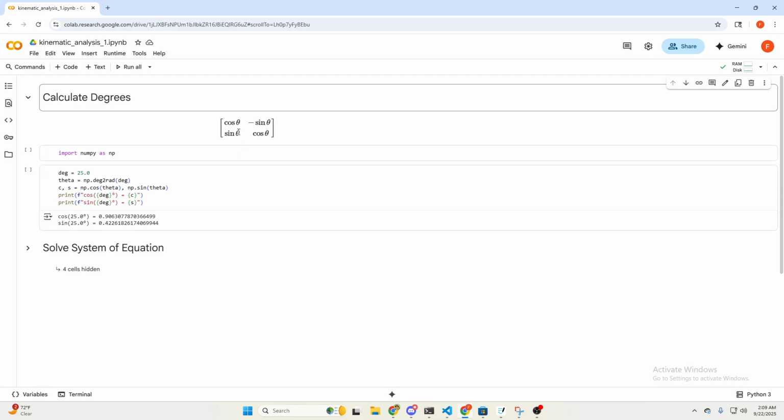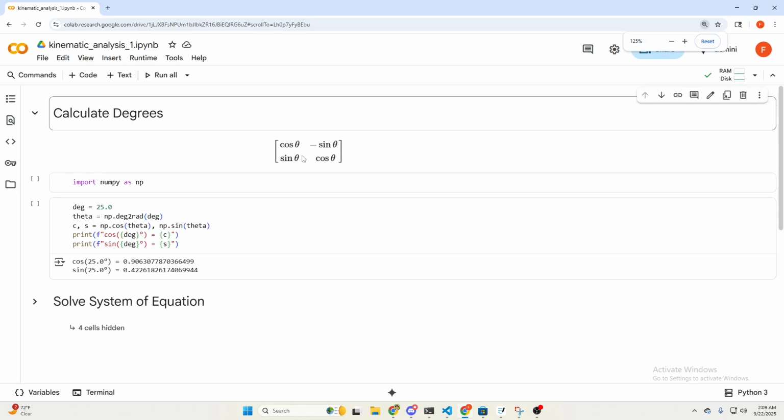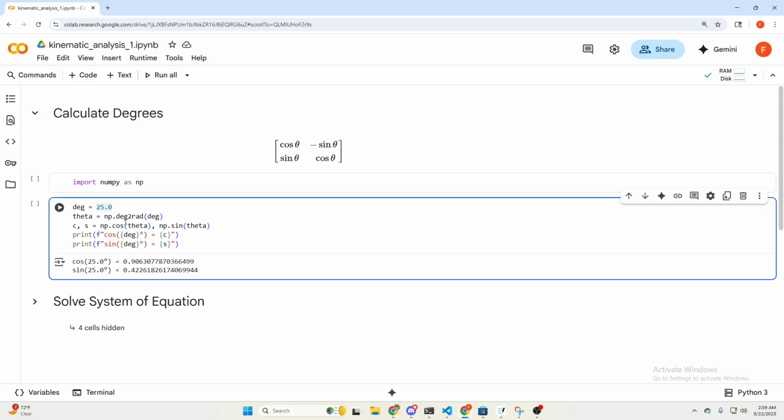As we know, the rotation matrix has cosine theta, sine theta, and then negative sine theta, cosine theta. So I'm importing numpy as np. We know the angle is 25 degrees. For numpy, we calculate in radians, so we'll just convert the degrees to radians.